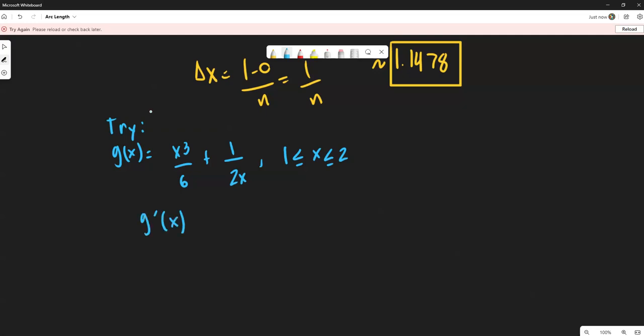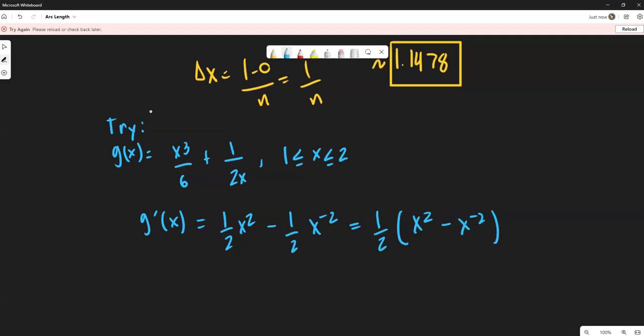It's going to be 1/2 x squared minus 1/2 x to the negative 2. Of course, you can rewrite this as 1/2 times x squared minus x to the negative 2, and then square it and add 1.